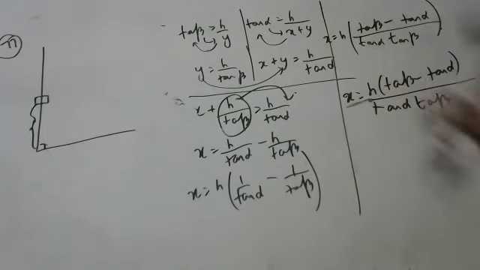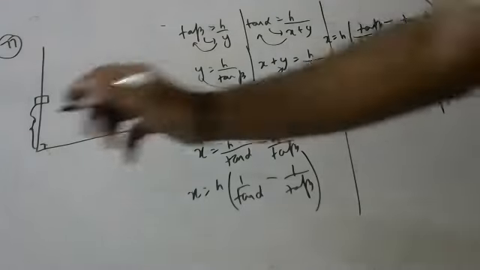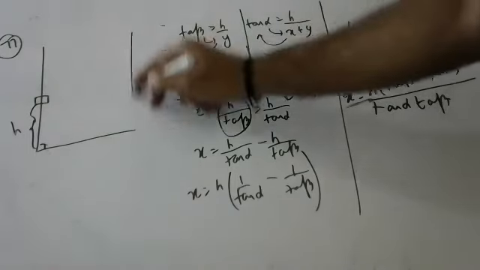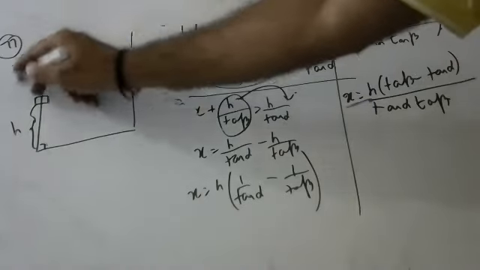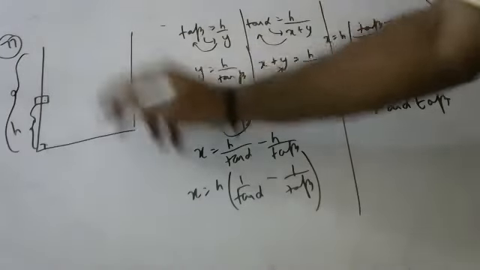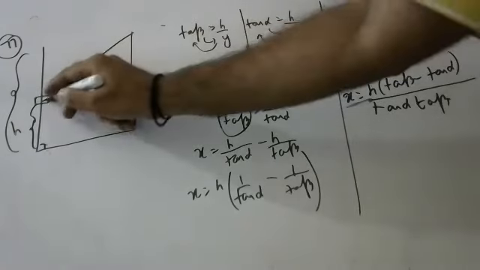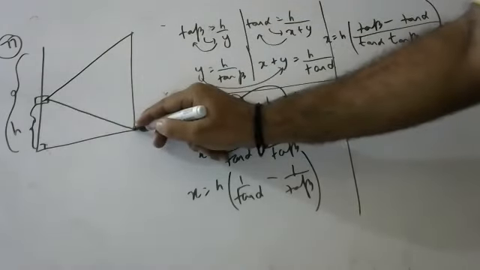Okay. So, children, a window of a house is h meters above the ground. From the window, the angle of elevation and depression of top and bottom of the other house. Here is the other house. This is one house. This is a window. From here, the angle of elevation and depression of another house.